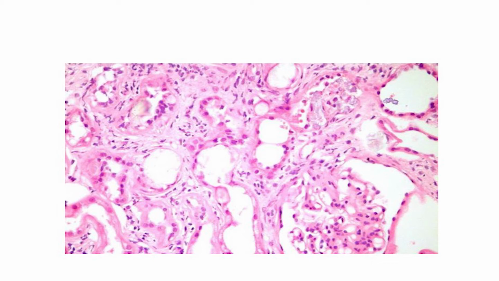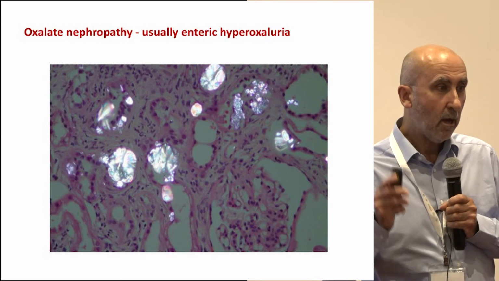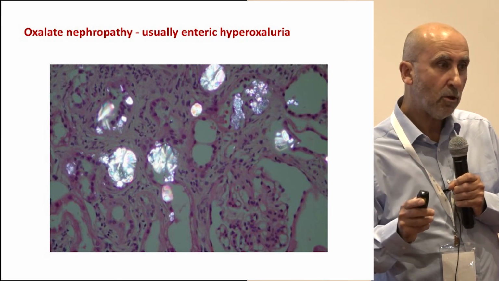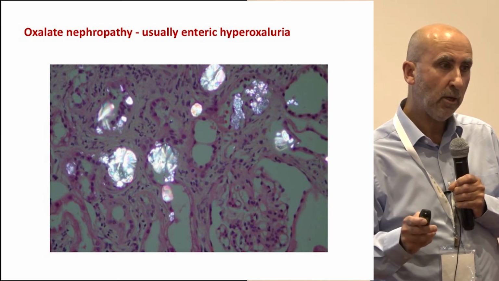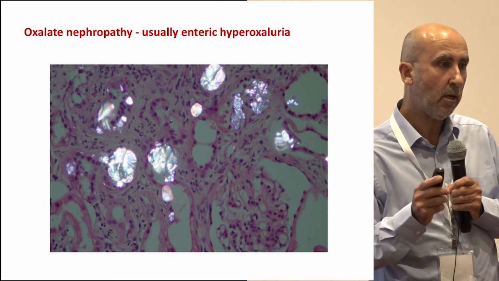Well, so long as your pathologist polarizes their biopsies, they will have no problem making the diagnosis, because that's what happens when you polarize the slide. And that demonstrates large numbers of calcium oxalate deposits. And in my experience, oxalate nephropathy is usually enteric in origin, particularly in diabetics.